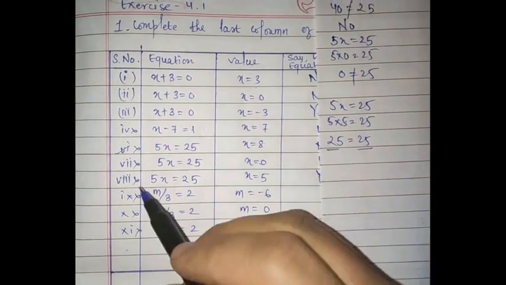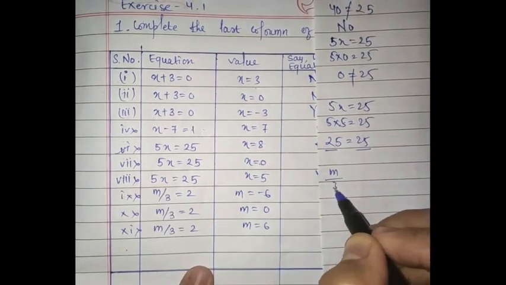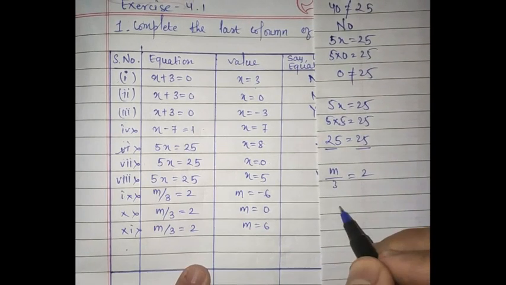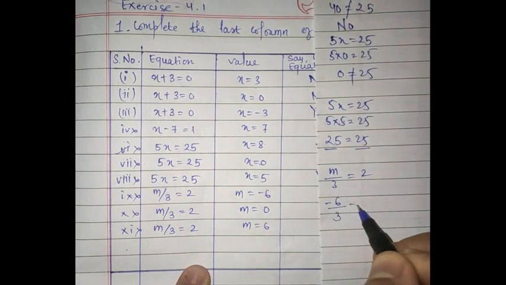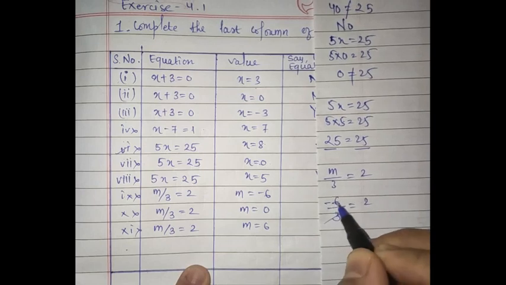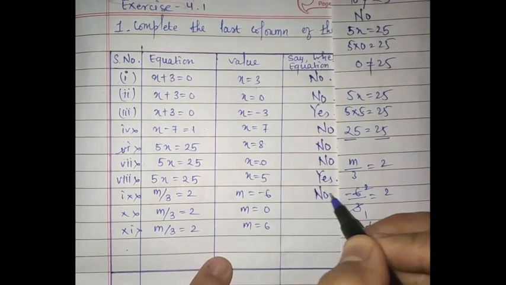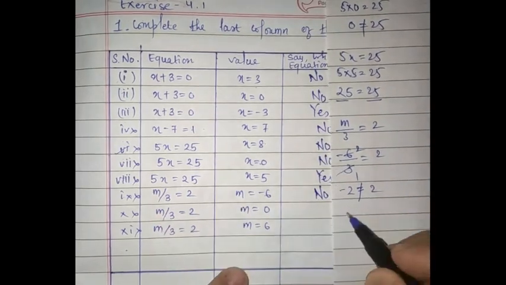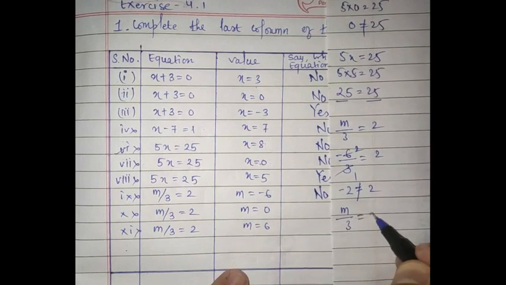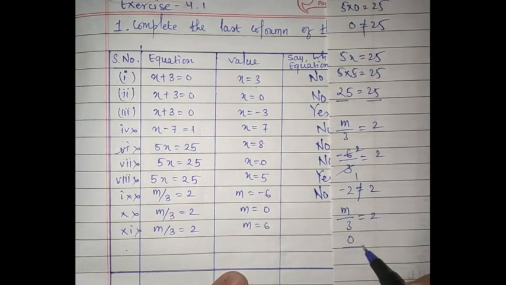Similarly, our next is m by 3 is equal to 2. Our m value is minus 6, divided by 3. 3 1s are 3, 3 2s are 6. It is 2, but it is minus 2, so it is not equal to. We will write no. Next is m by 3 is equal to 2, in which m value is 0.